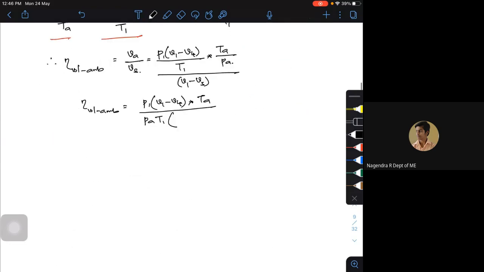So V1 I am writing as Vs plus Vc, and V1 minus V3 is Vs.